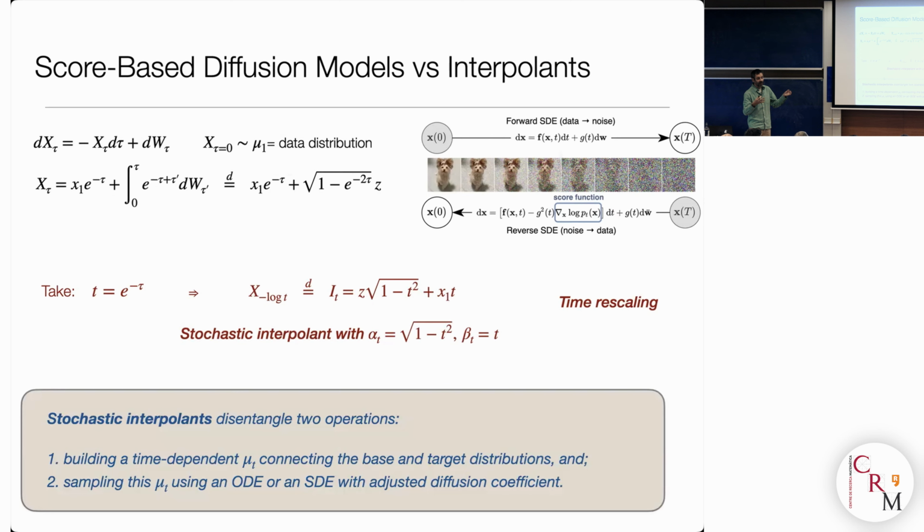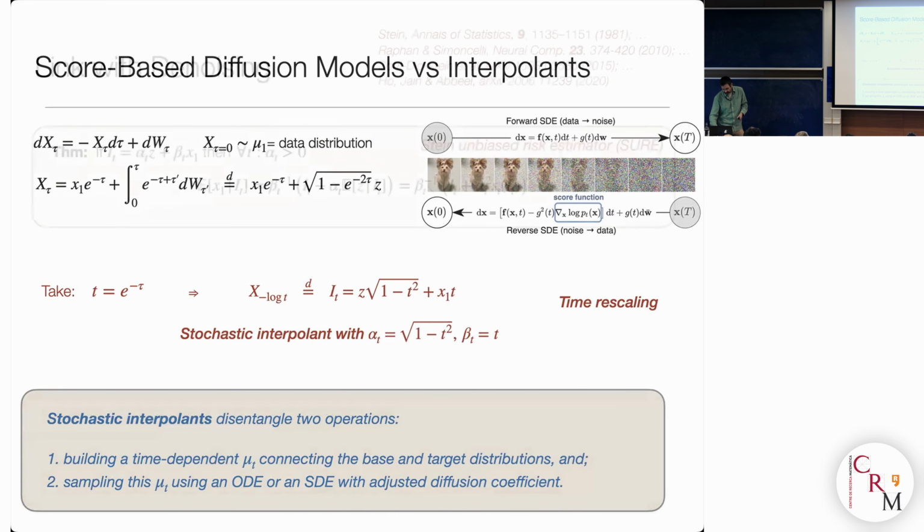And then once you have done that, provided that this is time differentiable, then you can learn a drift and a score, and you can, as a result, sample it using either an ODE or an SDE, with any diffusion coefficient that you want. You don't need to necessarily time reverse a diffusion. Okay? And in the second half of the talk, I will show you that we can use this flexibility to our advantage. That's the beyond diffusion.